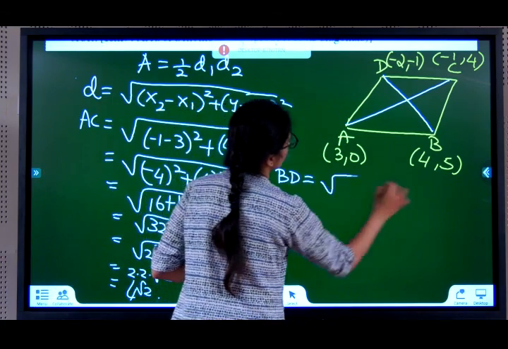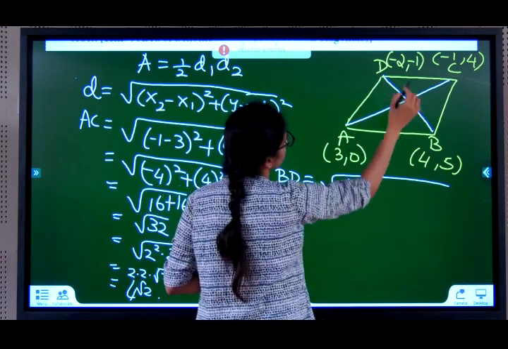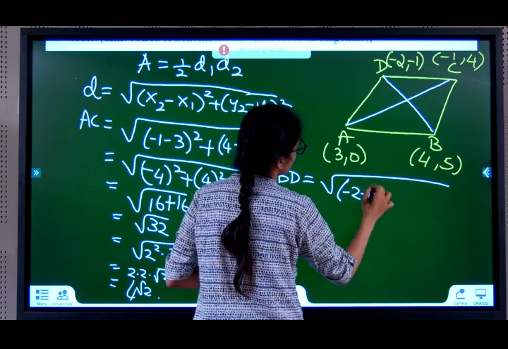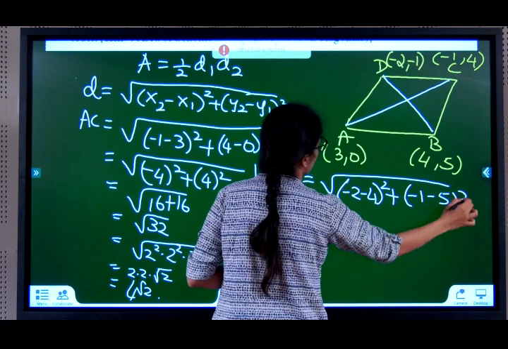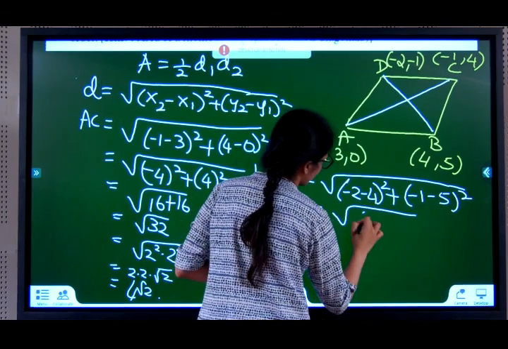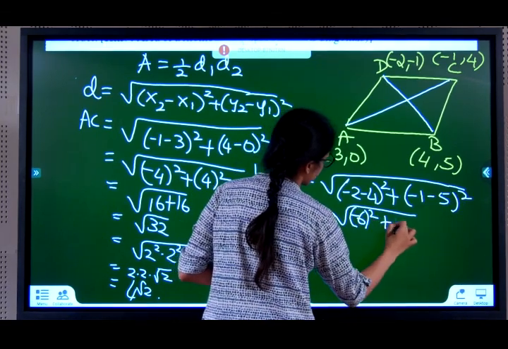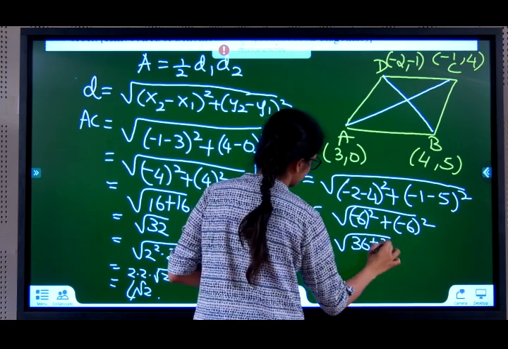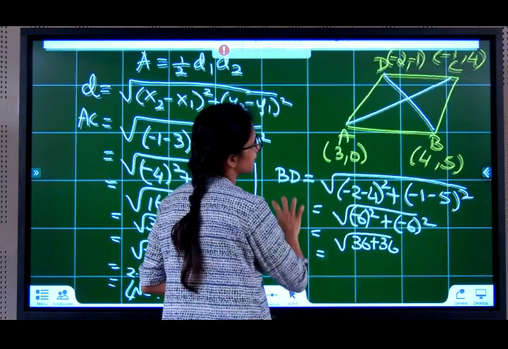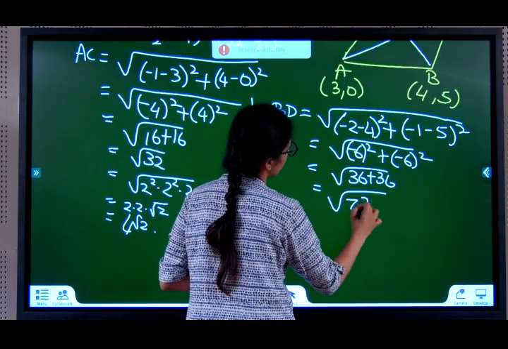Similarly, do for BD. BD is equal to root of (2 minus 4) squared plus (-1 minus 5) squared. Root of (-6) squared plus (-6) squared, root 36 plus 36, root 72.